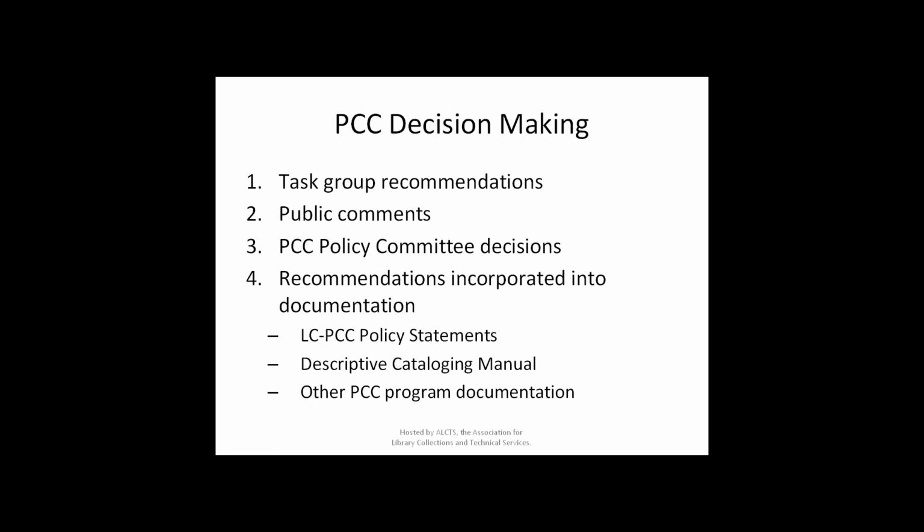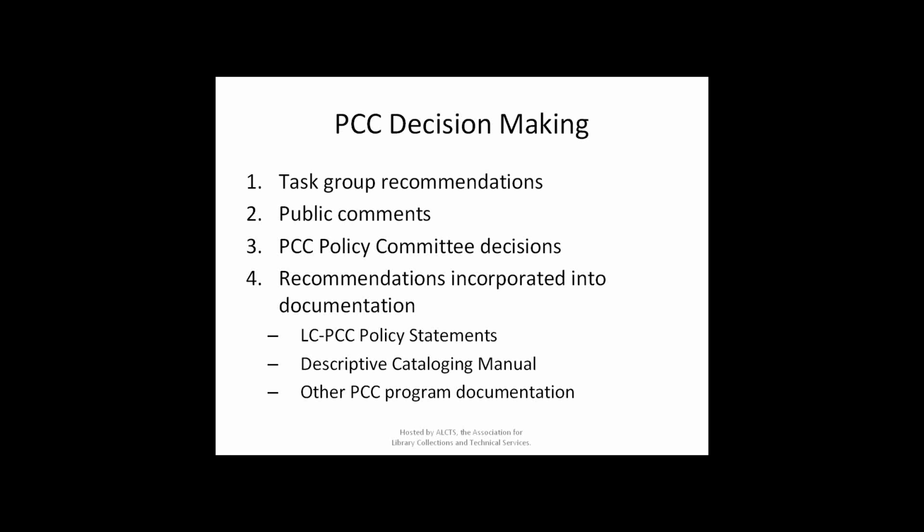I wanted to stop and take a moment to talk about the PCC decision making process. With all of these task groups, and there were many, many task groups at work, I thought it a good idea to talk about how decisions are made and what happens to the recommendations of the task groups. So basically what happens is that a task group makes its recommendations. Normally there is a PCC comment period for the public to look at these recommendations and submit their comments on the task group report and recommendations.